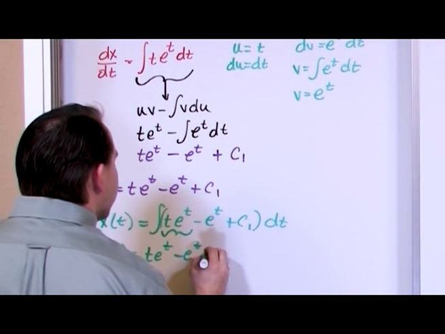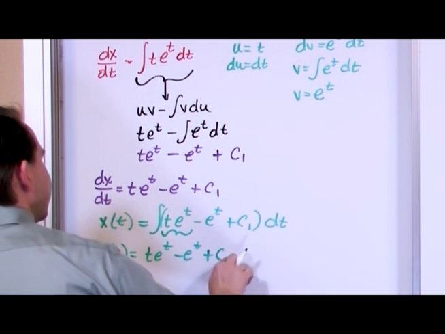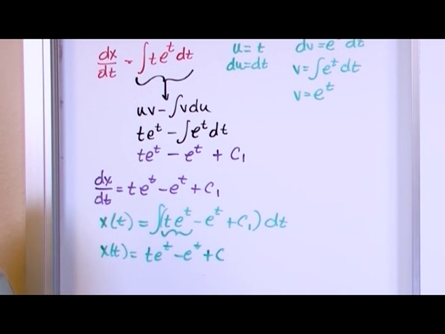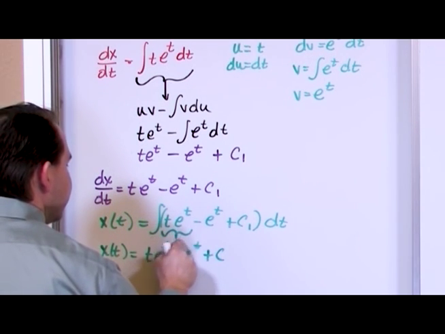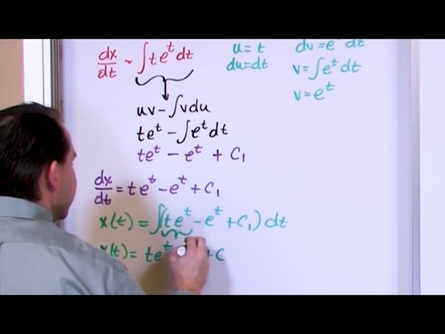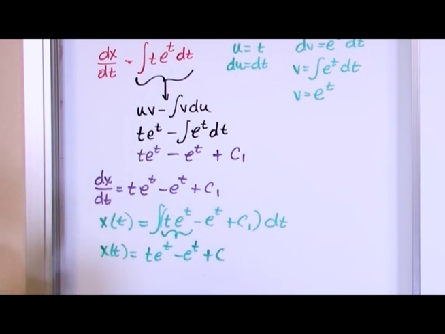Then we still have to put a constant of integration here, but for now let me just keep it as a regular c without a number. You'll see why I'm doing that in just a second. This whole thing is the result of this little term right here, and it comes from what we did before. We just don't want to do it again if we've already done it once.